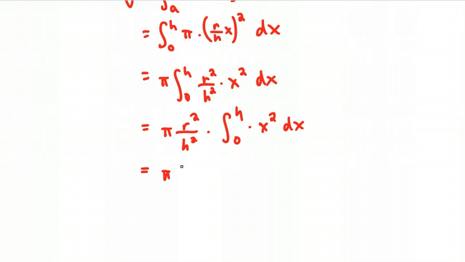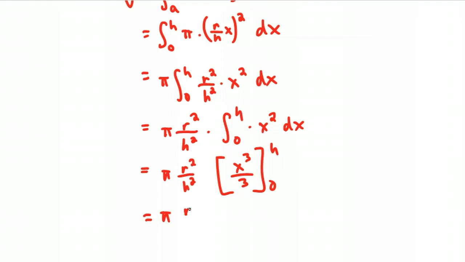So the integral of x squared is x cubed over 3, and we're integrating from 0 to h. Now when you plug in 0, you just get 0, but when you plug in h, you get h cubed over 3.